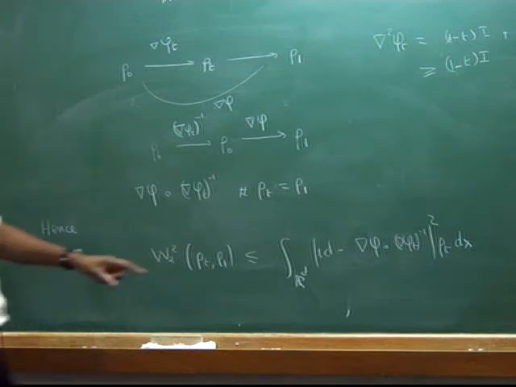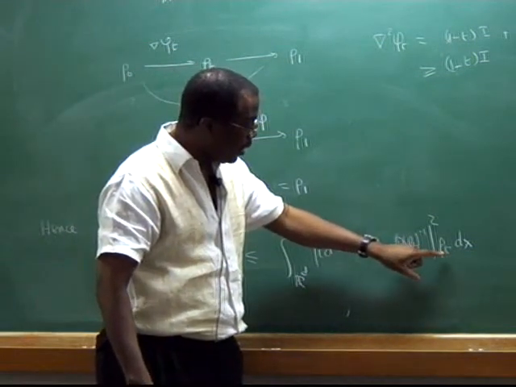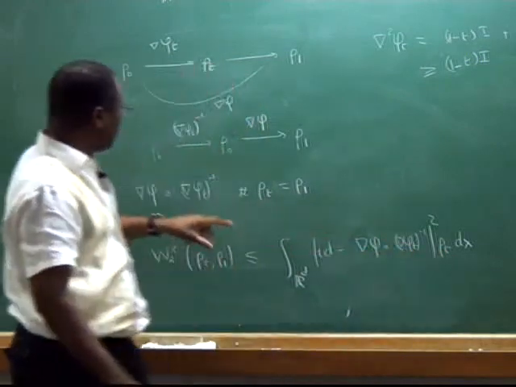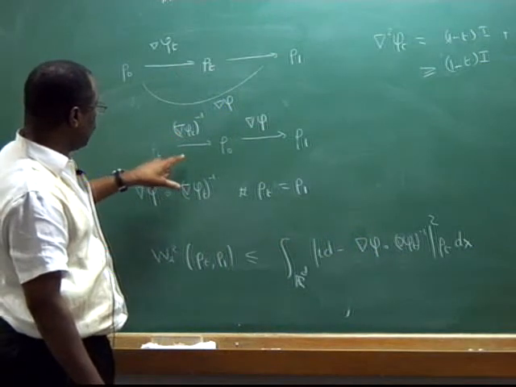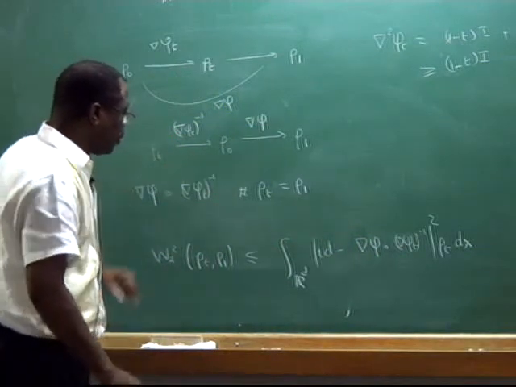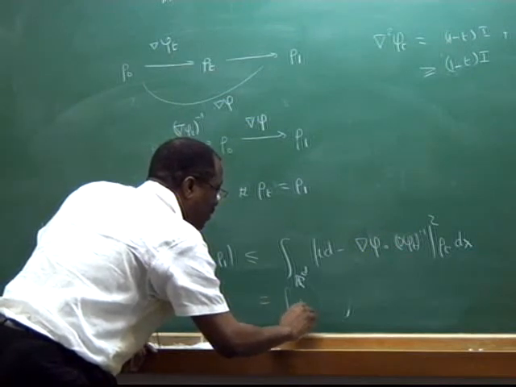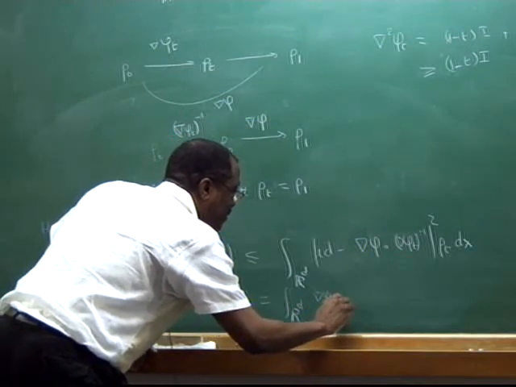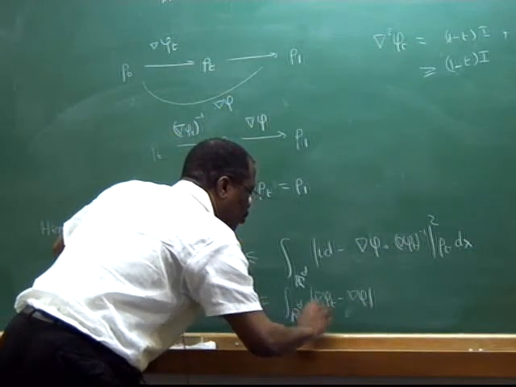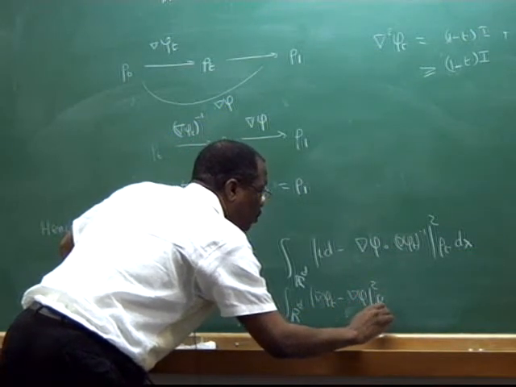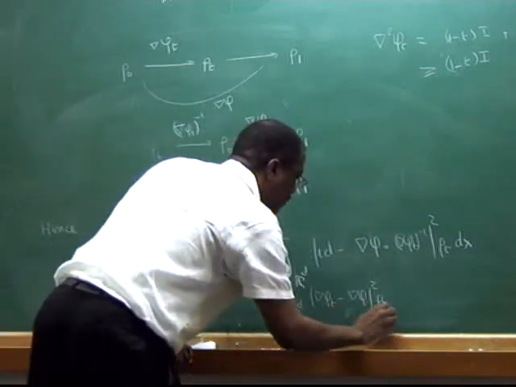Now, I am going to use that the inverse of the gradient of phi t pushes rho t to rho naught, to say that this is the integral over Rd of |the gradient of phi t minus the gradient of phi| squared rho naught dx.